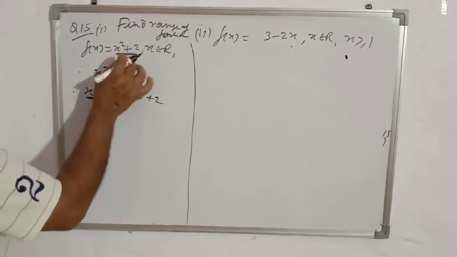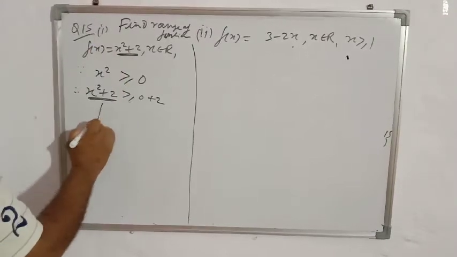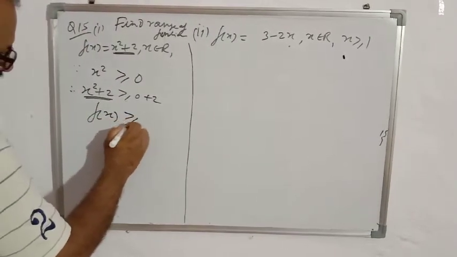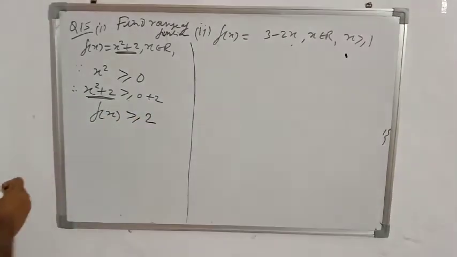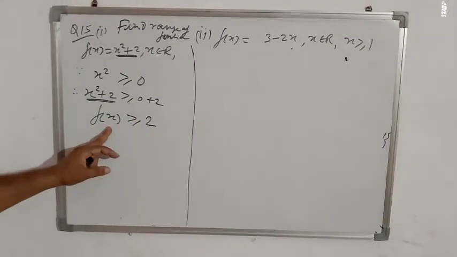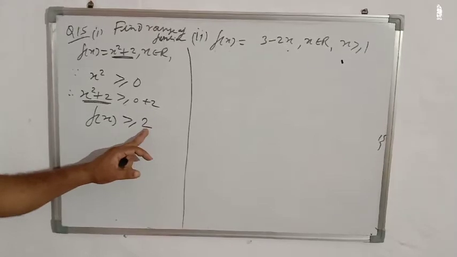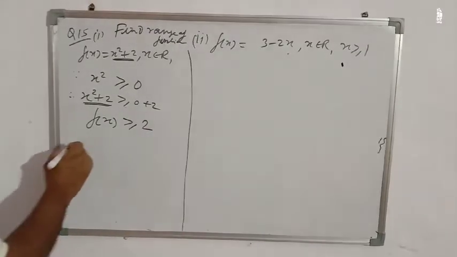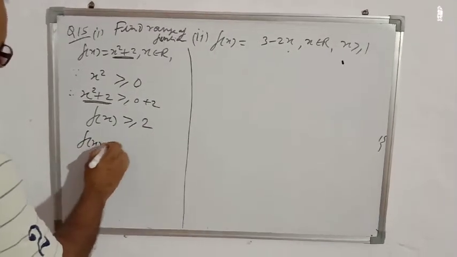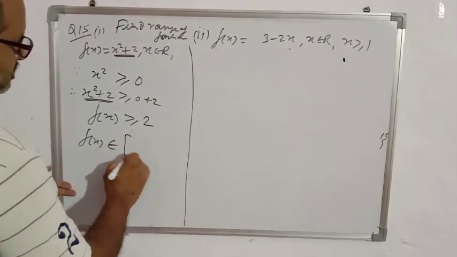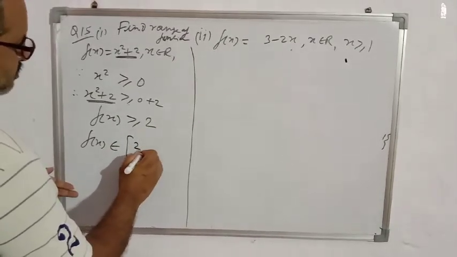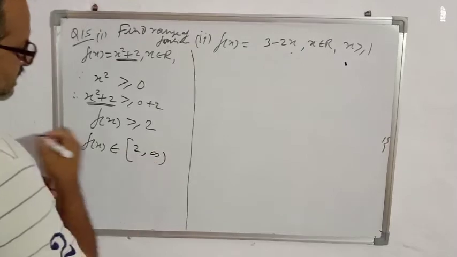What is x square plus 2? X square plus 2 means f(x). So f(x) greater or equal to 0 plus 2, means 2. It means the value of f(x) is always greater than or equal to 2. Means f(x) belongs to the closed interval starting at 2, 2 to infinity.